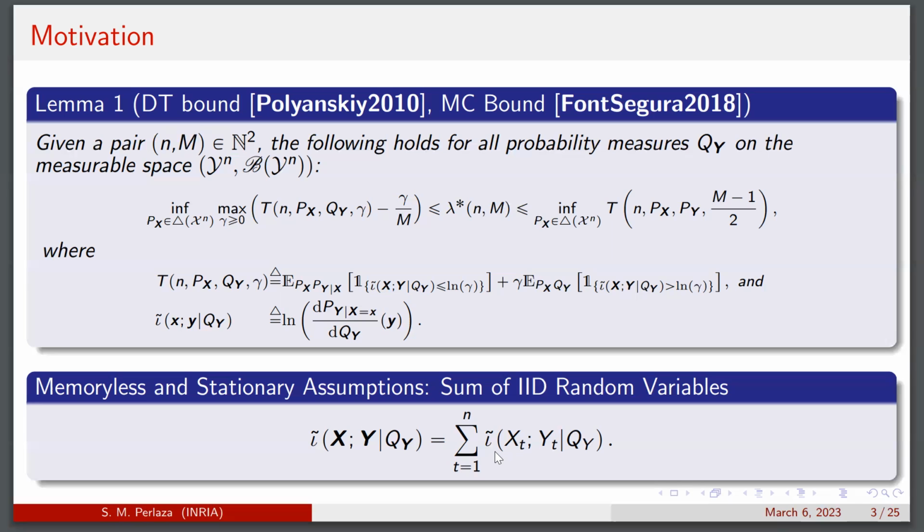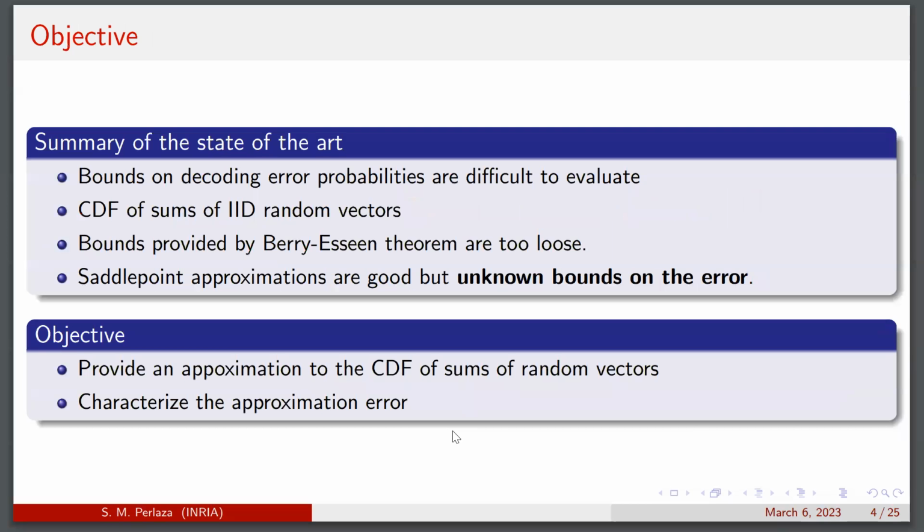This is the key observation that I want to make. At the end, the calculation of that T, which is an expression that is difficult to calculate, turns out to be given in terms of sums of IID random variables. The phase of the expressions is not interesting here; what is interesting is that the calculation depends essentially on sums of IID random variables.